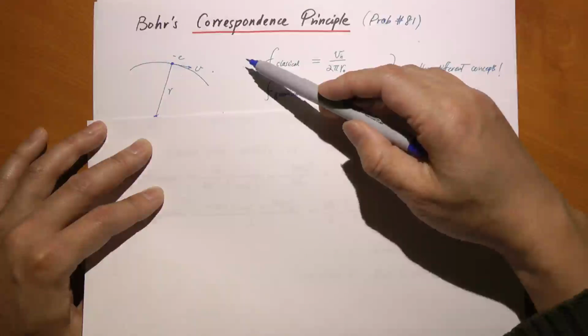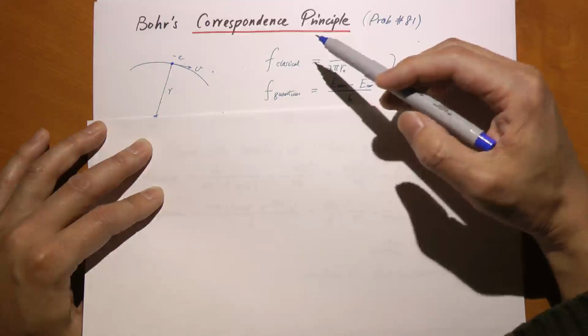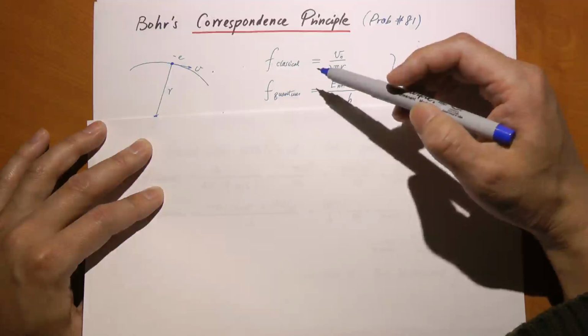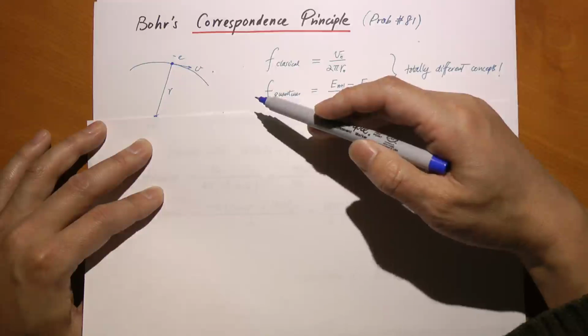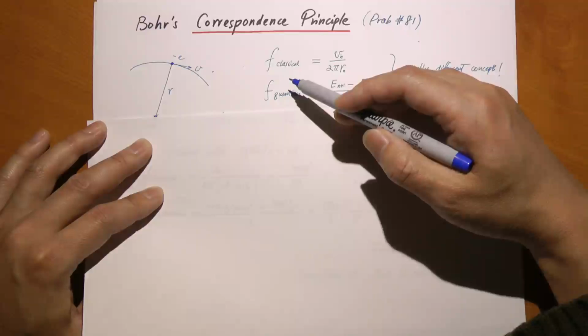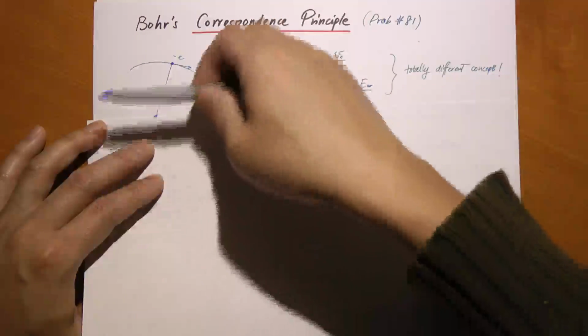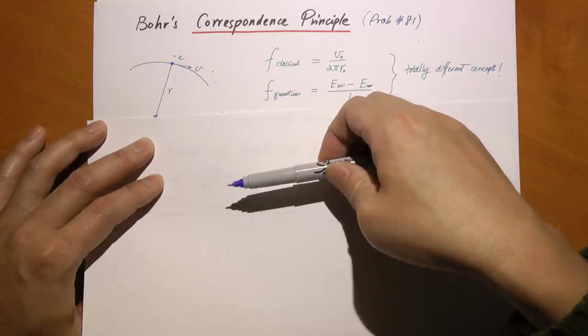But here in our case, we have a very peculiar situation, because it looks like the frequency of the light emitted by this hydrogen atom has very different interpretations in classical and quantum mechanics. In classical physics, when an electron goes around an orbit, it will revolve at a certain frequency, right?